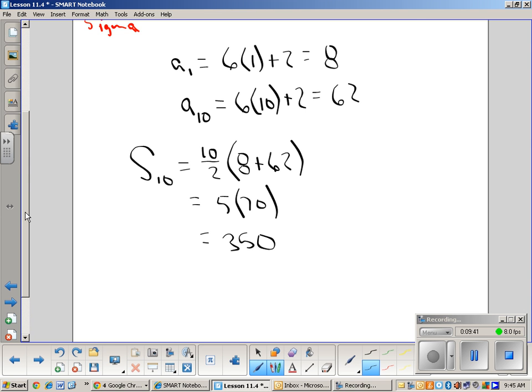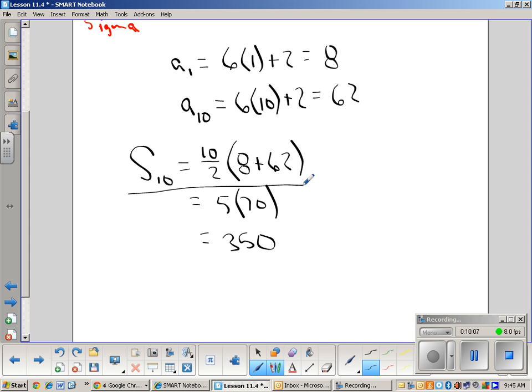Now how they discovered that in the first place, I don't know. I haven't looked at a proof on why it works. All I know is that it does work every time with an arithmetic sequence, and there's the key. It's arithmetic sequence. Later when we start talking about geometric series, there will be different formulas. But for arithmetic, this formula right here will work every time.